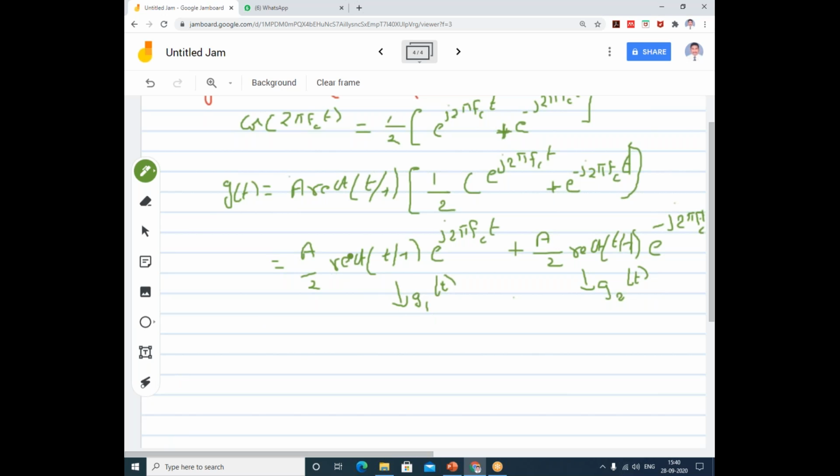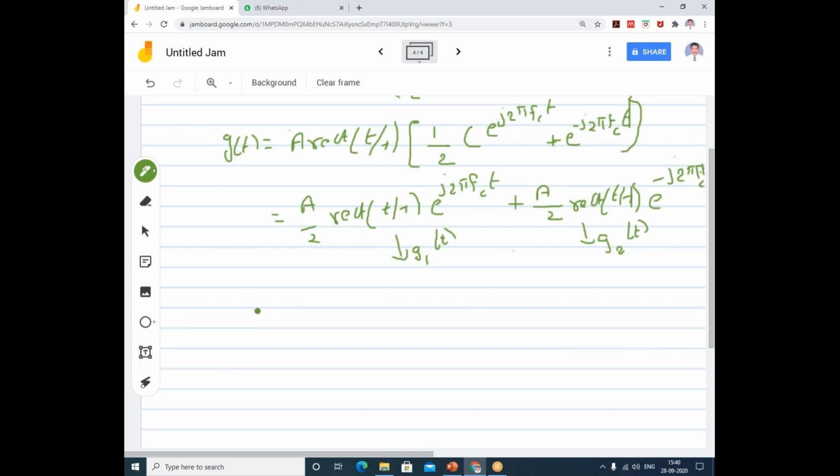If we apply the frequency shift property, we know from the basics of Fourier transform that if the Fourier transform of g of t is G of f, then the Fourier transform of e power j2 pi fct into g of t I can write as G of f minus fc.